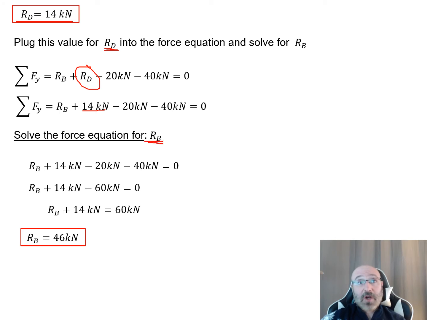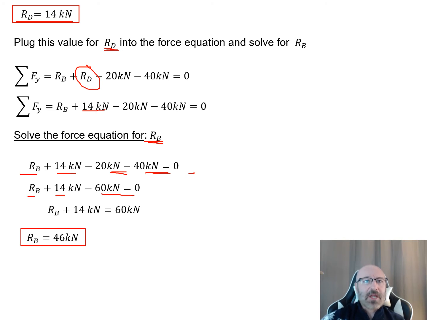We solve this for R sub B: R sub B plus 14 kilonewtons minus 20 kilonewtons minus 40 kilonewtons is equal to 0 from our above equation. Let's combine the negative 20 and negative 40 kilonewtons, which becomes negative 60 kilonewtons. So we have R sub B plus 14 kilonewtons minus 60 kilonewtons is equal to 0.